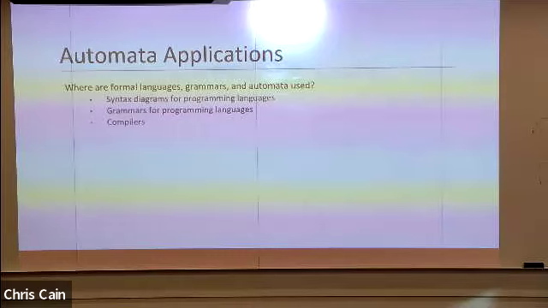Of course, compilers, the main name of this class. It's hard to talk about compilers without being able to figure out, yes or no, this program is in this programming language. You write something in some programming language, let's say it's Java, and we want some program to say, yes, this program is in Java, or no, this program is not in Java.